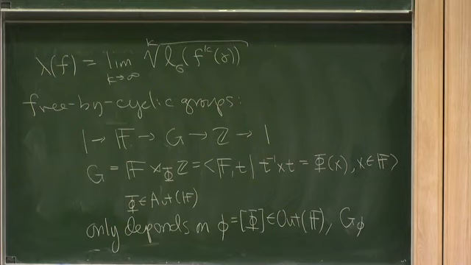So this was defined by Lück. It's some Euler characteristic type invariant associated to an acyclic chain complex.